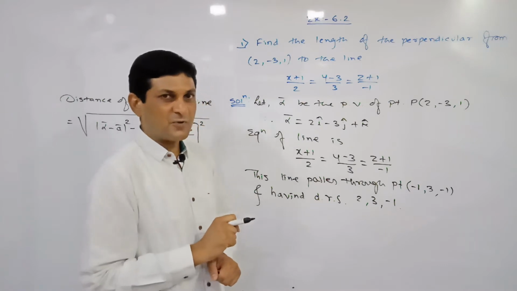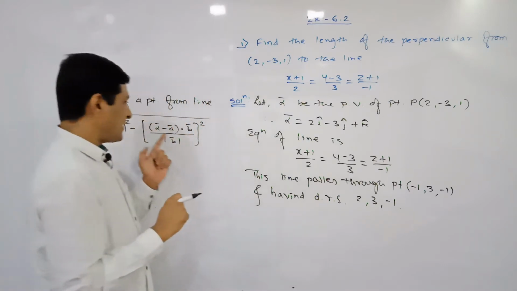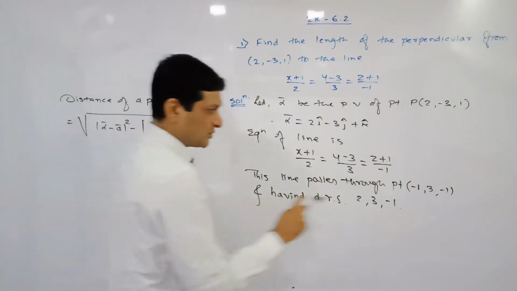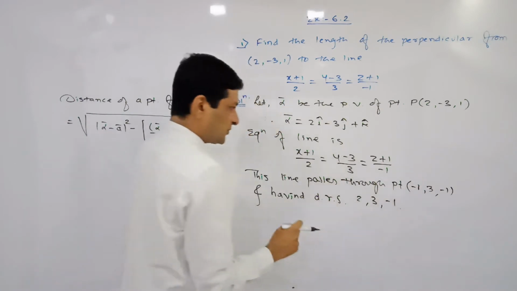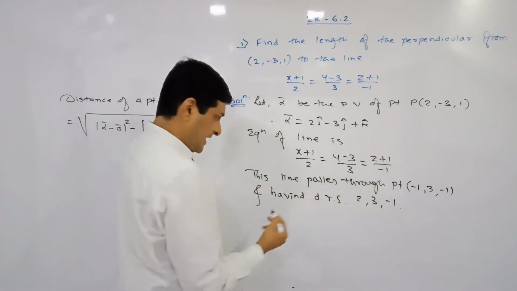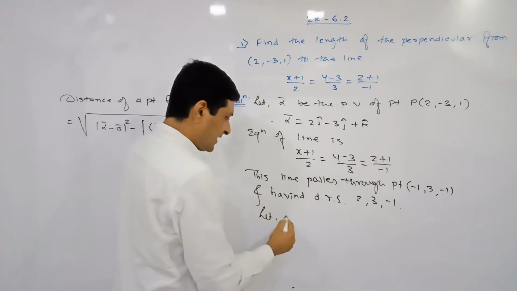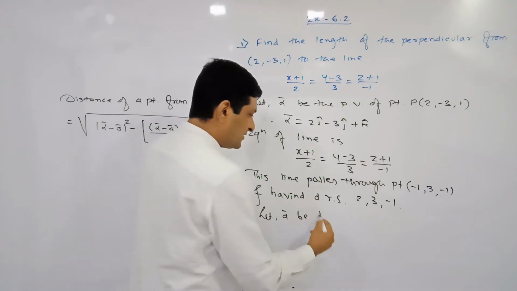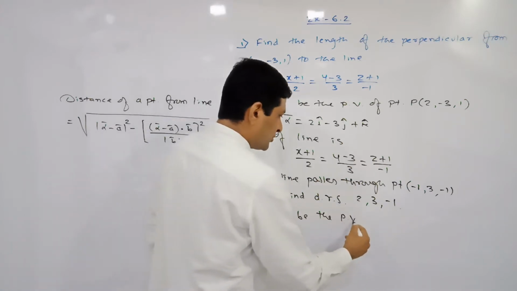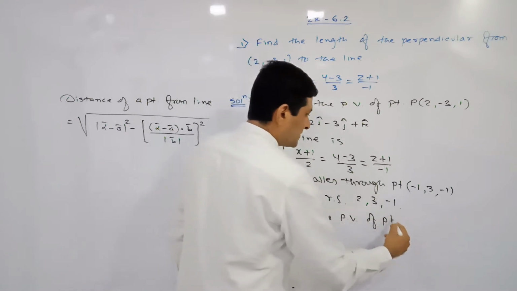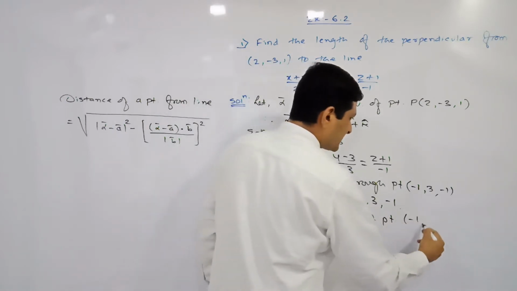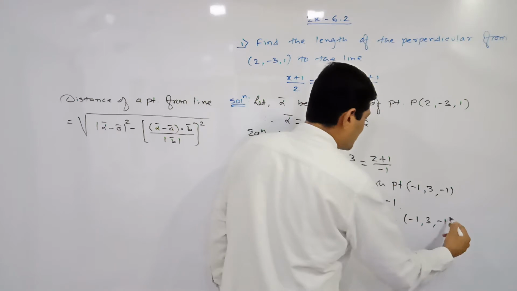From this we are trying to find out the values of a bar and b bar. So let us denote the position vector of this point by a bar. So let a bar be the position vector of the point. Its coordinates are -1, 3, -1.